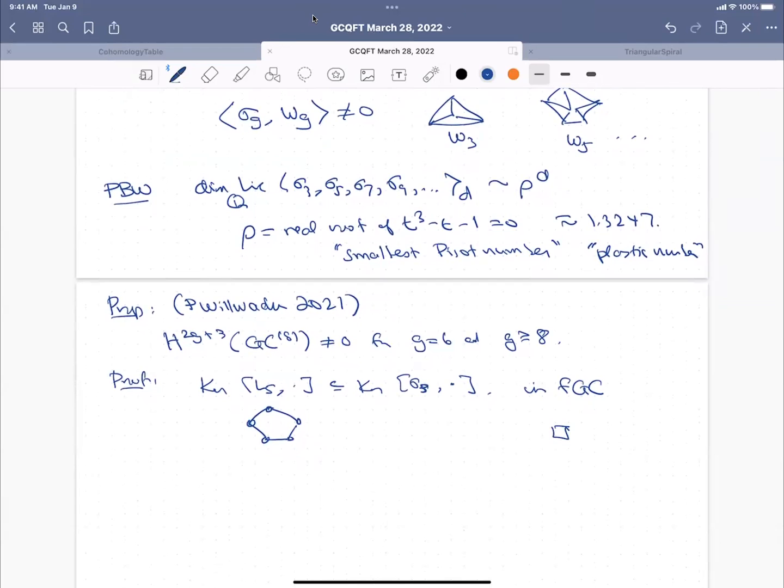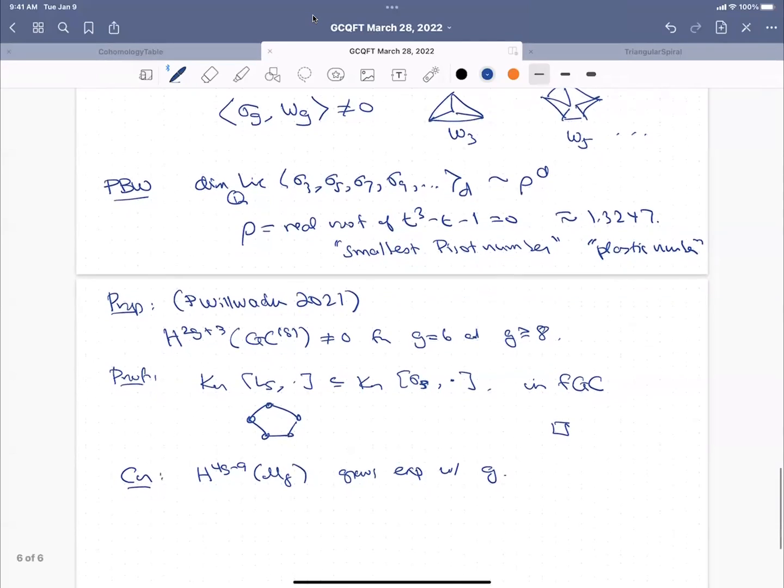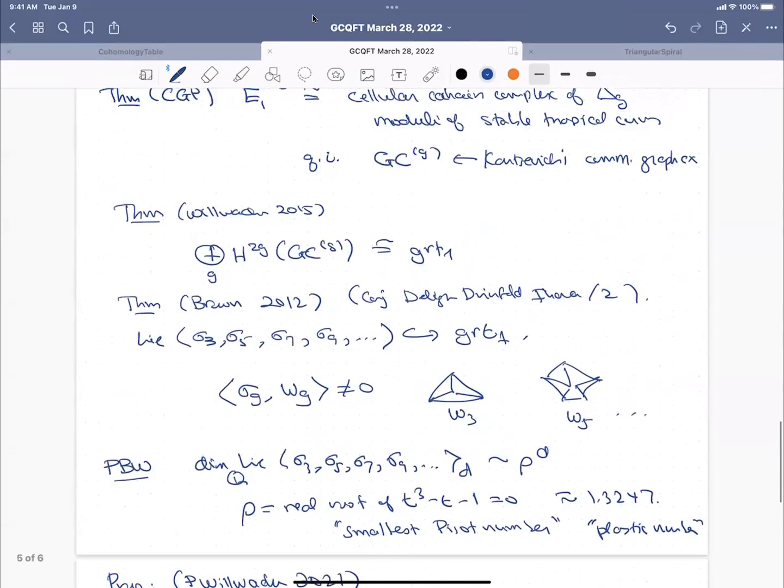And so then a corollary there is that H^{4g-9}(M_g) grows exponentially with g. Okay, and it's non-zero for g equals 6 and for g bigger than or equal to 8. So that would be a first example of an infinite sequence of non-vanishing odd cohomology groups on moduli spaces of curves.